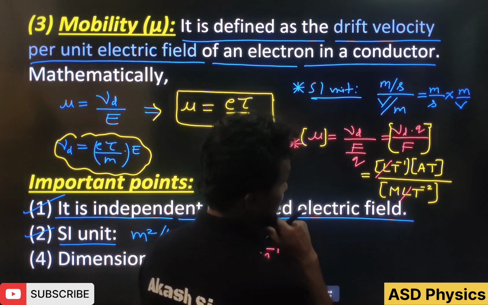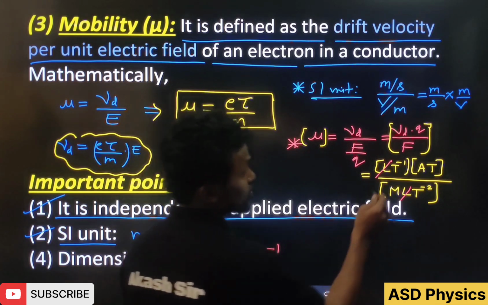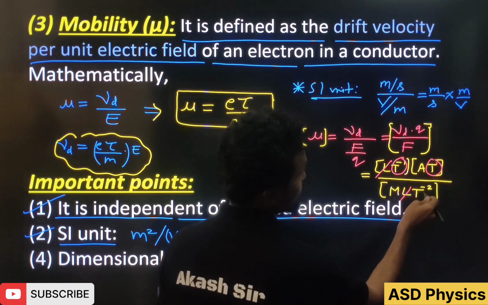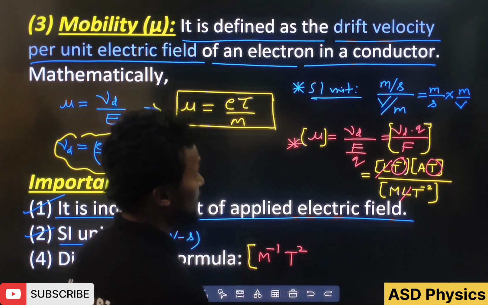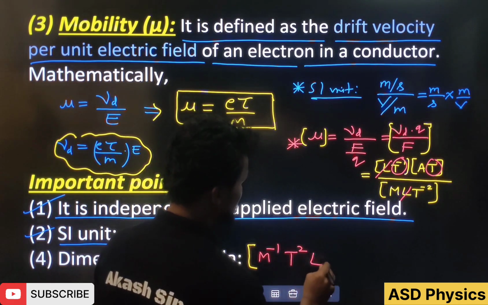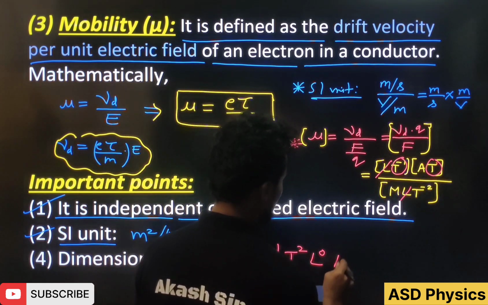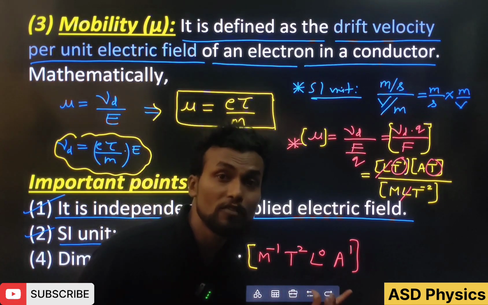Then let's collect t. This t minus 1 and this t power 1 will cancel out, so the t power minus 2 will go up, and we can write t power 2. LL cancelled out, so L power 0. And what about the A? Only A is there, that means A power 1. So you can see, this is the dimensional formula of the mobility.